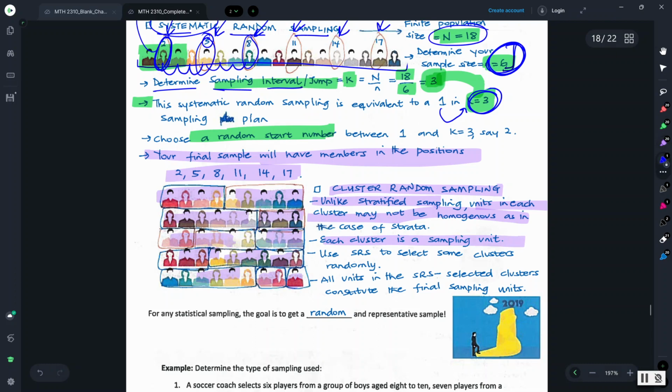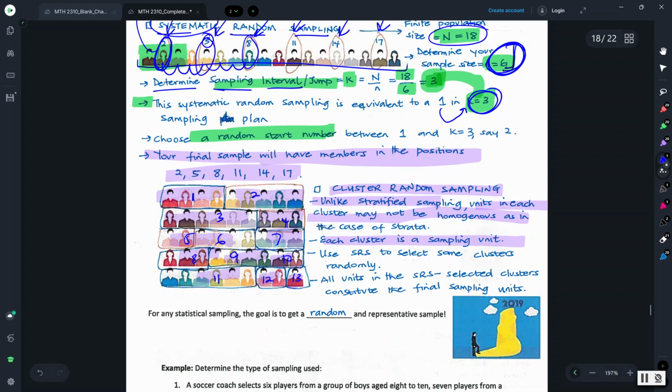What that means is I'm going to name these 1, 2, 3, 4, 5, 6, 7, 8, 9, 10, 11, 12, and 13. I will write each of these numbers on a piece of paper and put them in a hat. I will shake it very well, and I'll randomly pick, let's say, about 4 numbers.